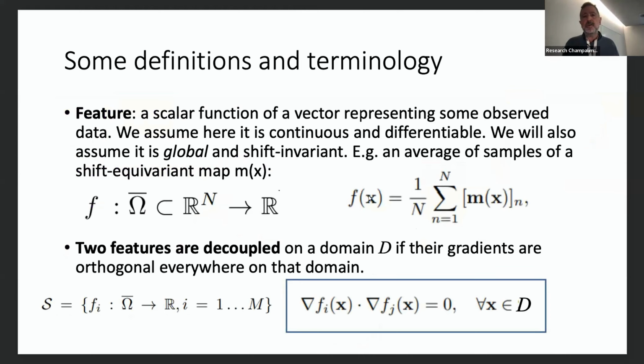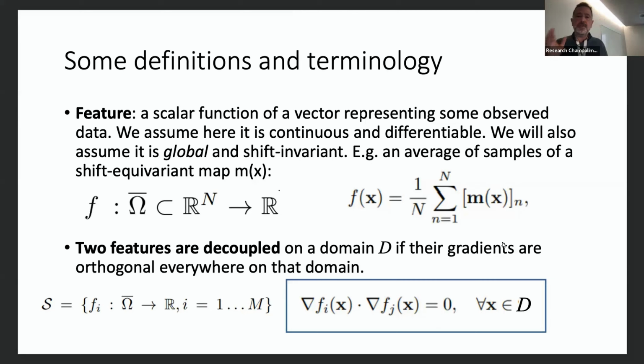We are focusing on features that have this expression. So they can be like sample statistics. We are averaging in the whole image some features, local features, right? So we define that two features are decoupled on a certain domain D if their gradients are orthogonal everywhere on that domain.